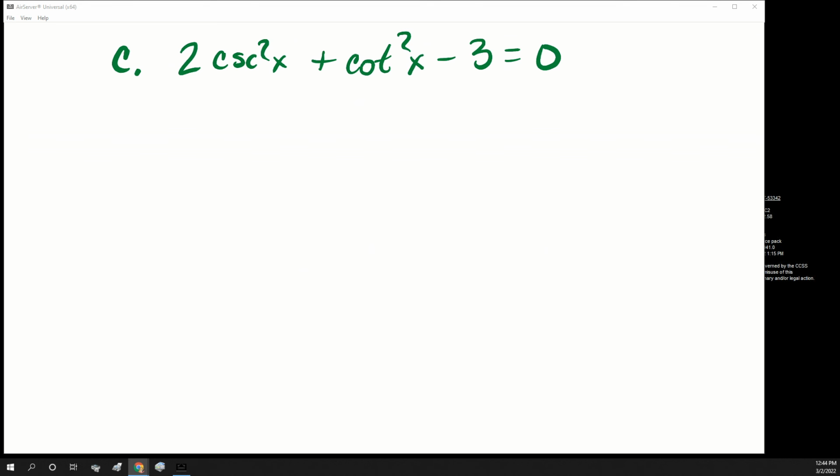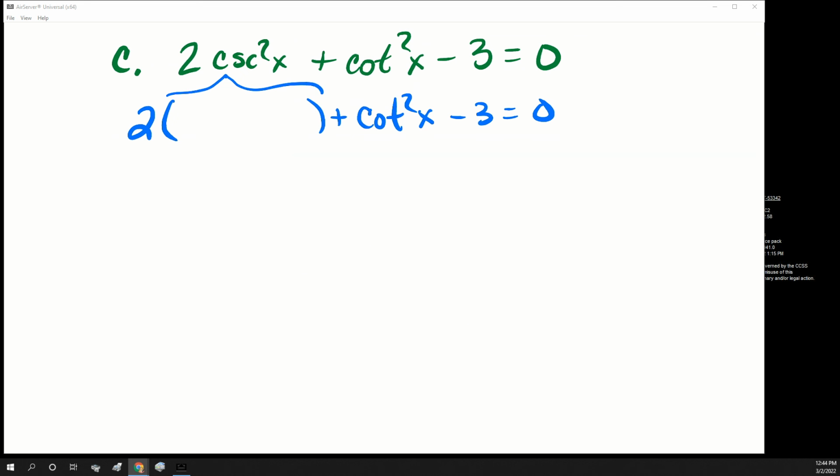So if you have 2 different trig identities, you're either going to have to use an identity or it would be factoring out a common factor. Does this one have a common factor? No. So this is going to be an identity. So we have to rewrite them with the same trig identity. And so looking at the identities, I think it's definitely easier to rewrite cosecant of x as some kind of cotangent of x. Do you guys see which one?